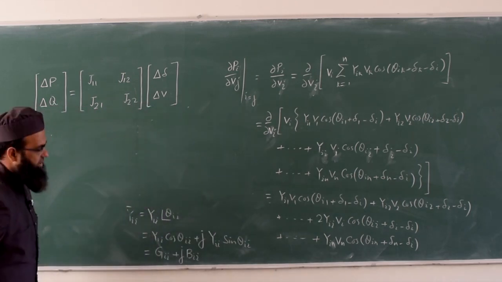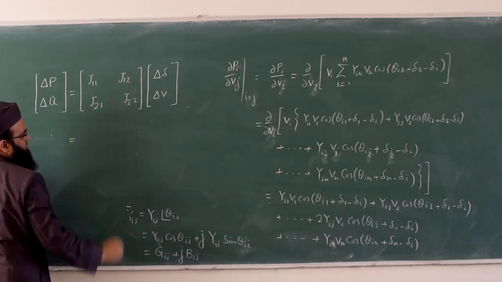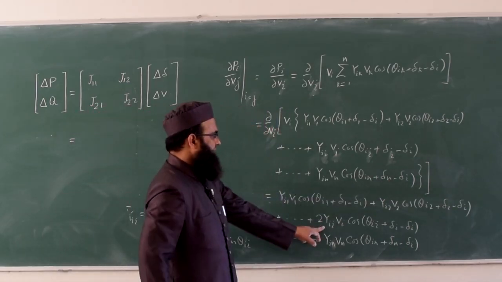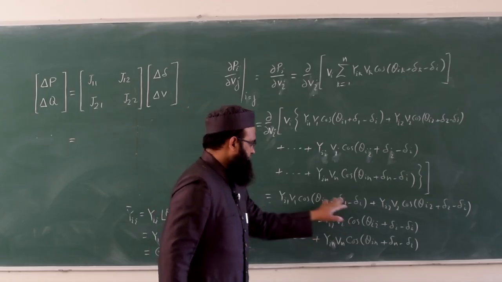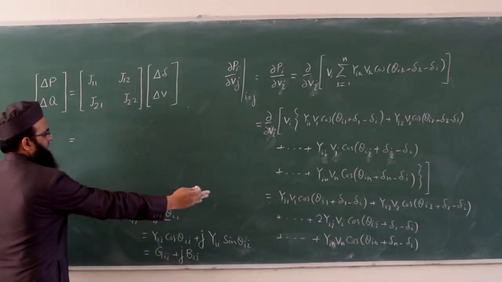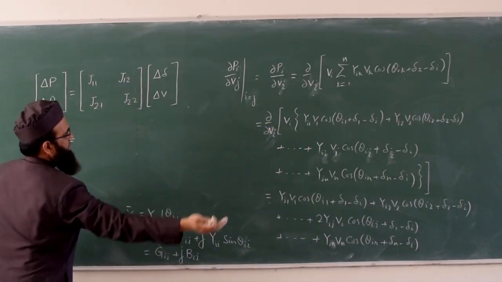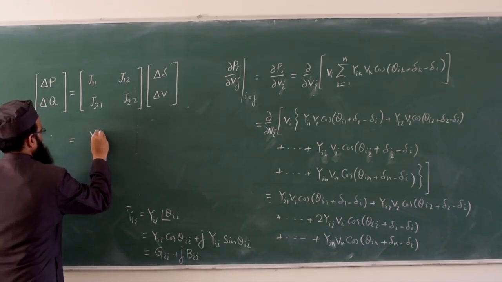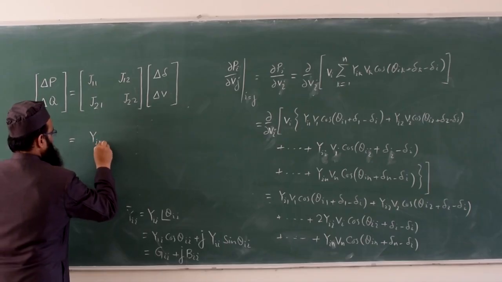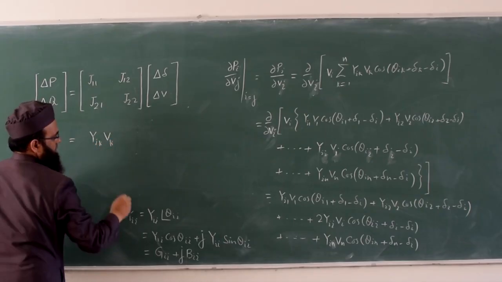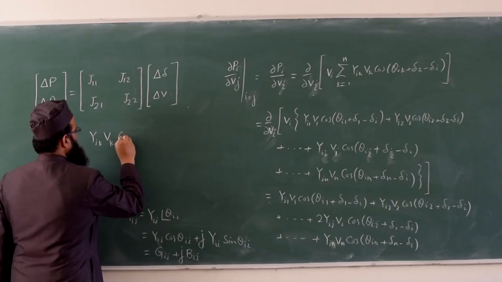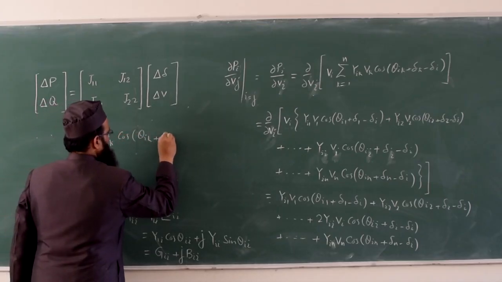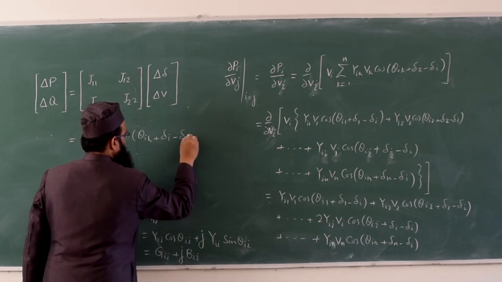So, this can be further written as: we have all terms, but the ith term twice of the same quantity. So, take one term together and one term separately. That can be written as Yik Vk cosine of theta ik plus delta k minus delta i.